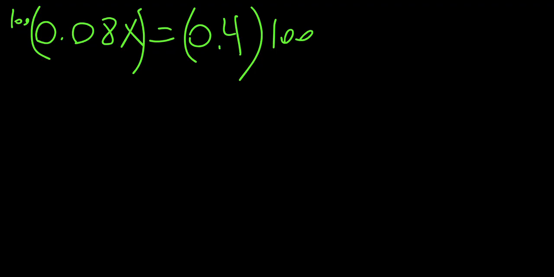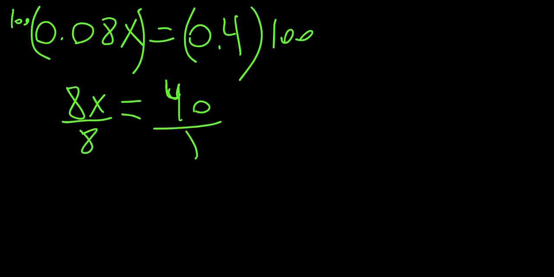So that's going to be equal to, this side will be 8x equals, and this side will become 40. All right, because what's 0.4 times 100? It's 40. And then we simply divide both sides by 8, and we get x equals 5. Okay, that's a few examples for you.